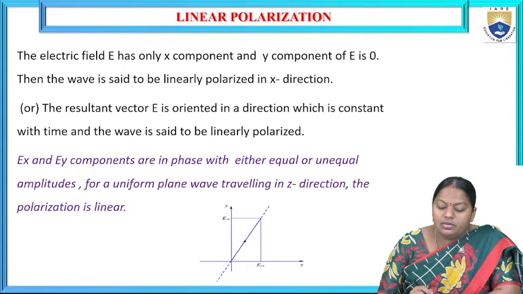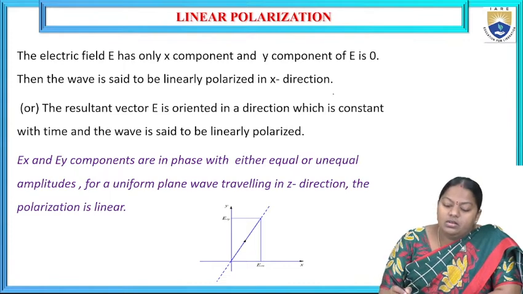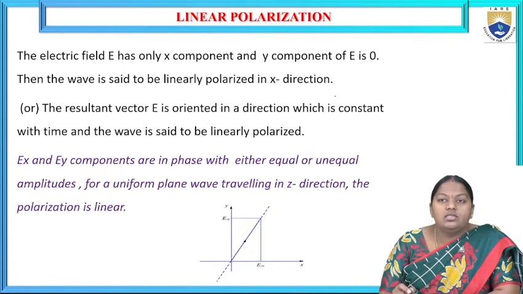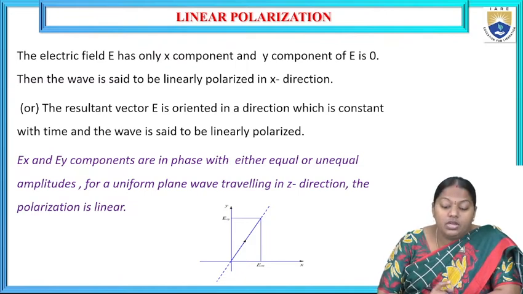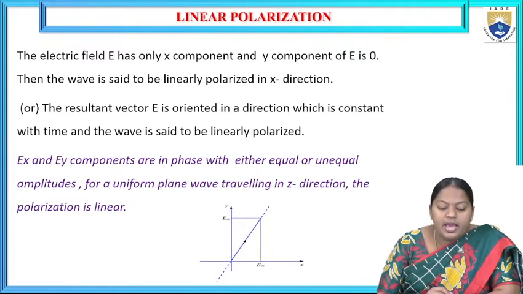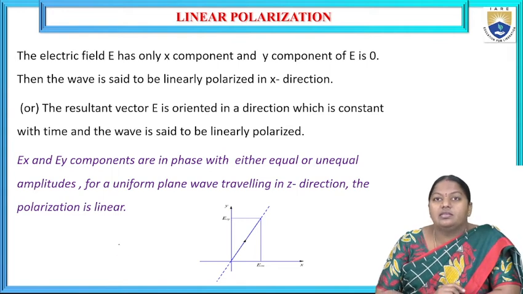As we said in the previous case, linear polarization is considered only in one particular direction. Meaning if you are assuming X direction, the other direction, the Y component, will be equal to 0. Suppose the orientation is with respect to Y, the X component will be equal to 0. That we need to remember carefully.